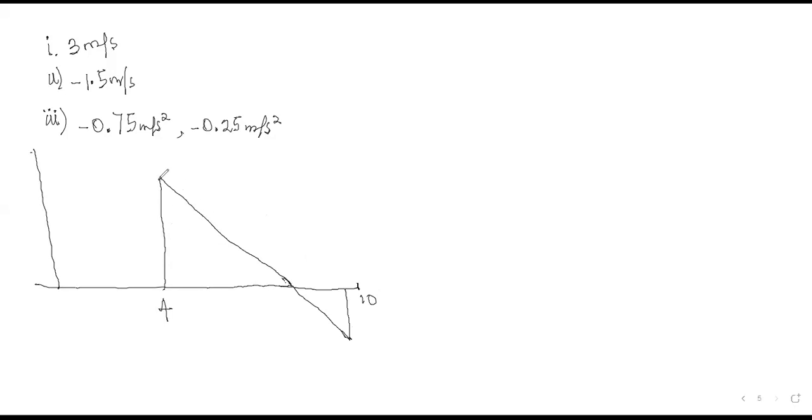So since it's a uniform deceleration, I can pick this point for the acceleration, right? So when you pick changing the vertical, it's like picking this whole section. It's like picking this whole section and then this whole section.